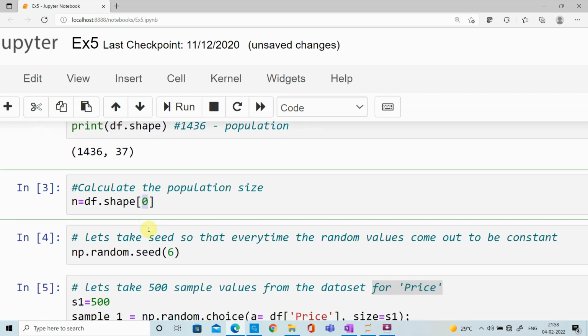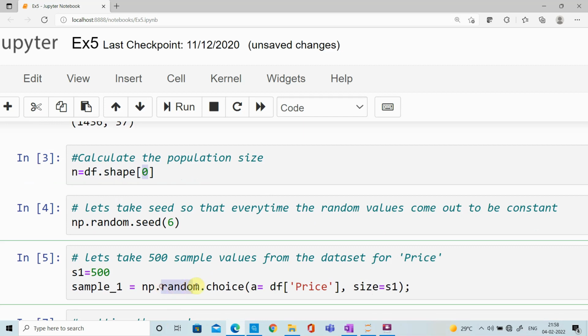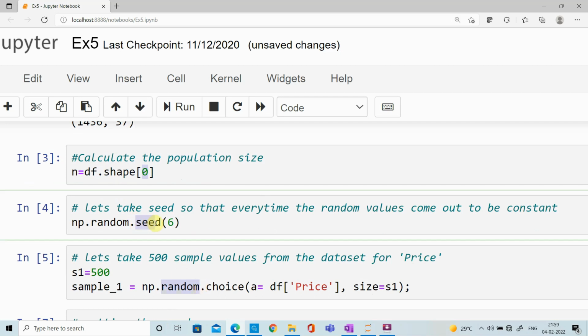From the population, I need to randomly choose some samples. To choose randomly, you have a random function. But every time you use the random function, you get different random values. To avoid that, we put in a seed value, so every time the random values come out the same.